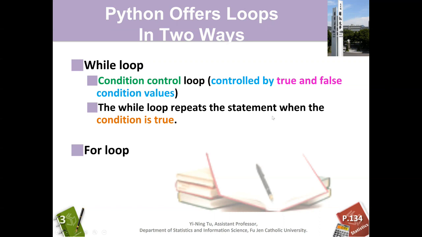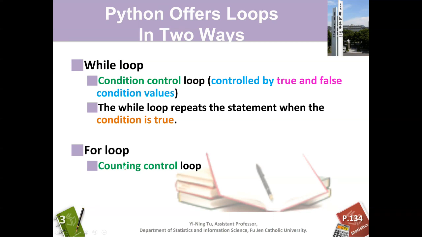The other one we call the for loop. The for loop is what we call a counting control loop. It's different, because a condition control loop uses the Boolean value. When it's true, it continues; when it's false, the situation will change. But the for loop is a counting control loop. It means you count how many times you will do that. For example, in the demonstration, we used while to print Python is fun 100 times.